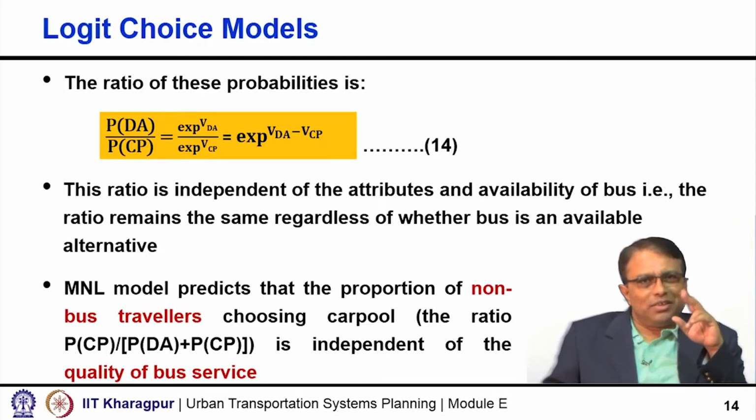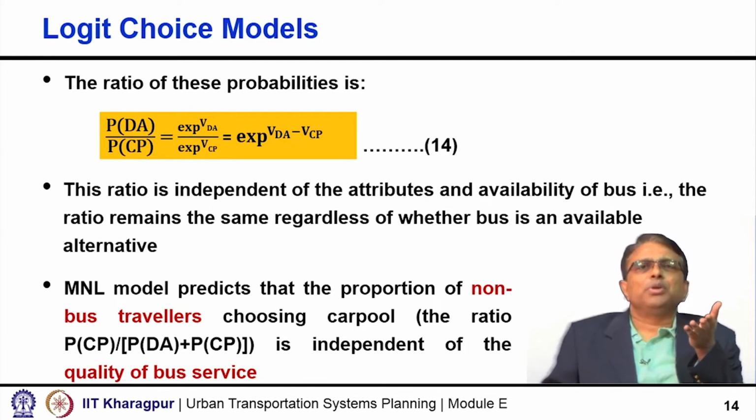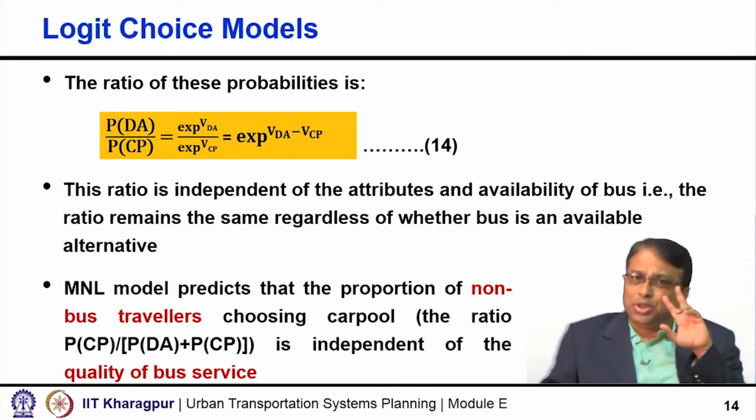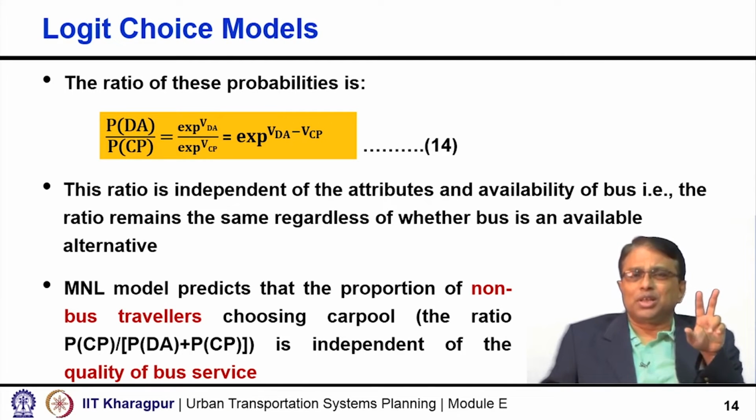Similarly, if you take the ratio of P_DA by P_bus, that will depend only on the deterministic component of utility of drive alone and the deterministic component of utility of bus. Carpool is not going to appear just because of the model form. So, that means the ratios depend only on the deterministic components of only those alternatives.